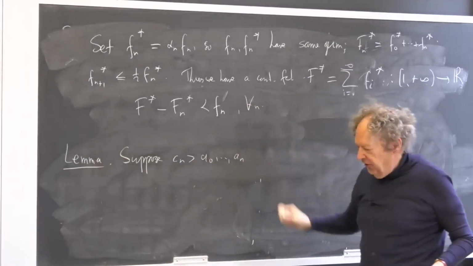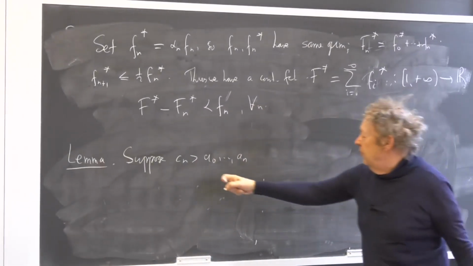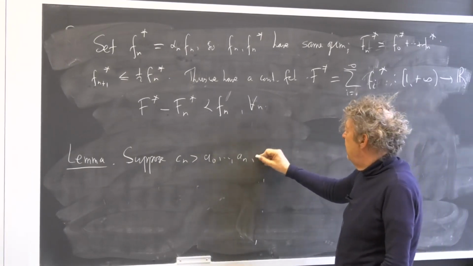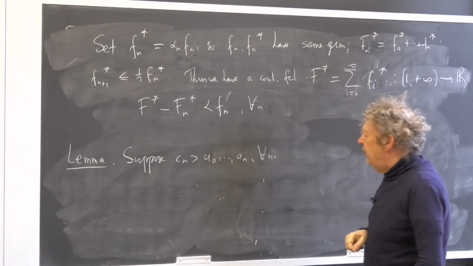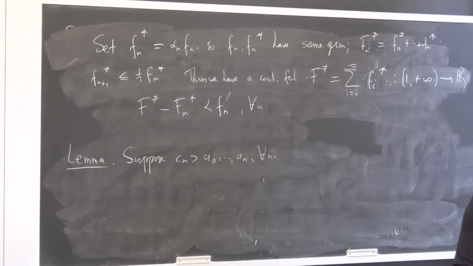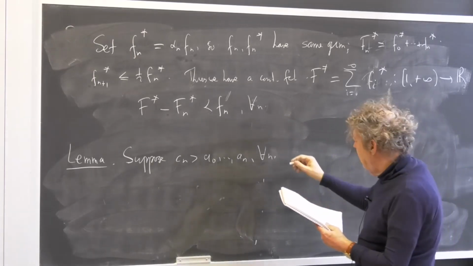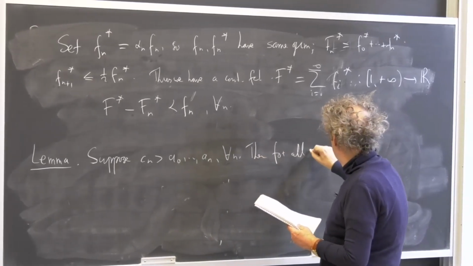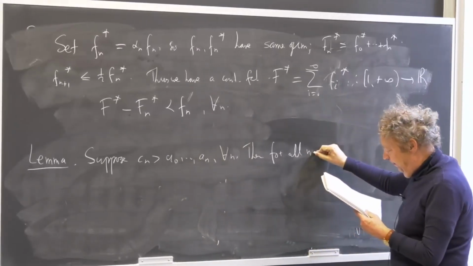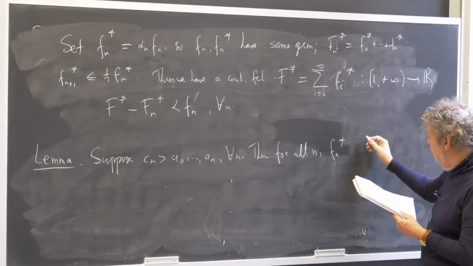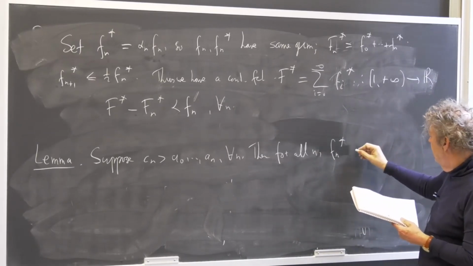The a's are fixed and the Cn's are adjustable, so of course I can take Cn bigger than a0 to the n for all n. Then, in fact, this function f star is in C less than infinity. First of all, for all n, fn star is C infinity.